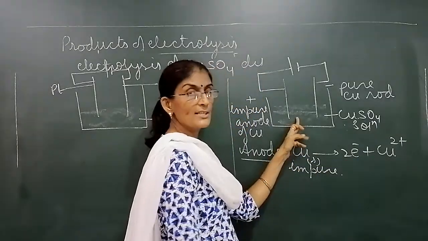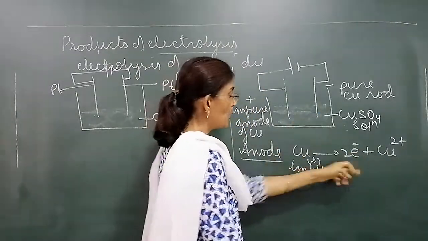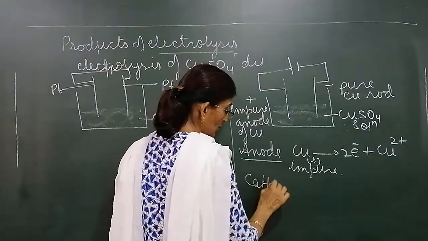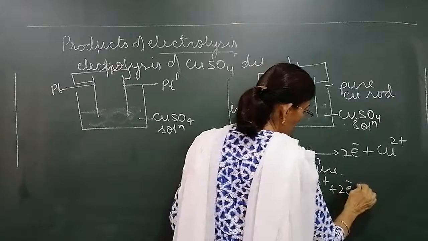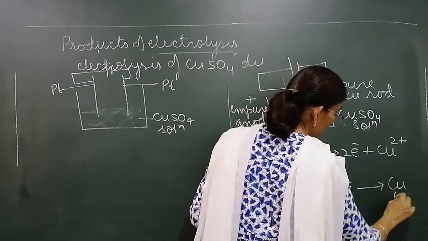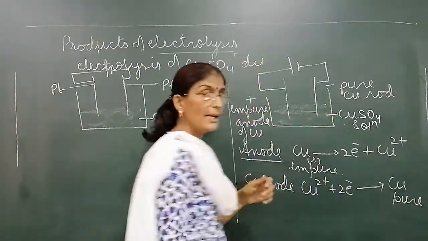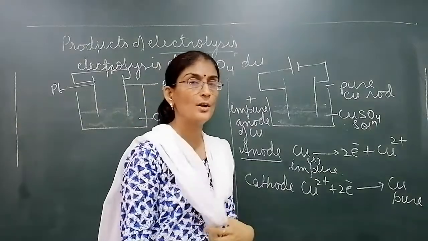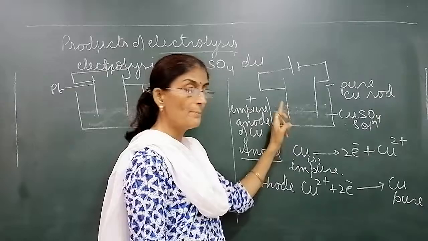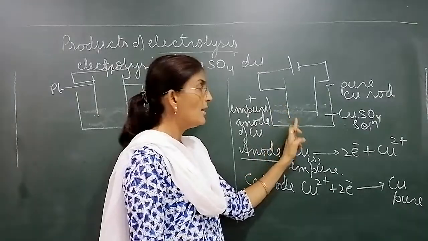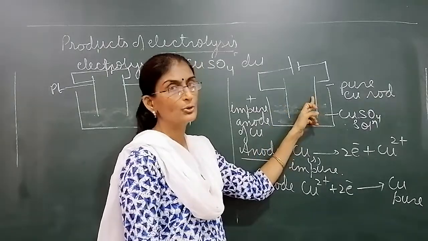These ions will dissolve in the solution. Now these 2 electrons are accepted at cathode by copper ions, and pure copper will be deposited at cathode. So it is nothing but electro refining of copper. If we use copper electrodes, impure copper will dissolve in solution, and pure copper will deposit at cathode.